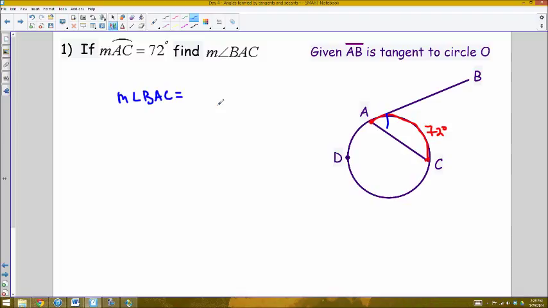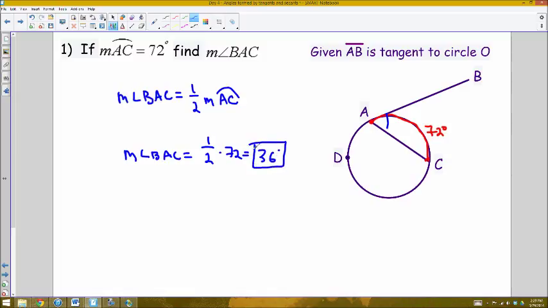Since it's formed by a tangent and a chord, the measure of angle BAC will be 1/2 the measure of its intercepted arc, which is arc AC. So the measure of angle BAC is equal to 1/2 of 72, which is 36 degrees.